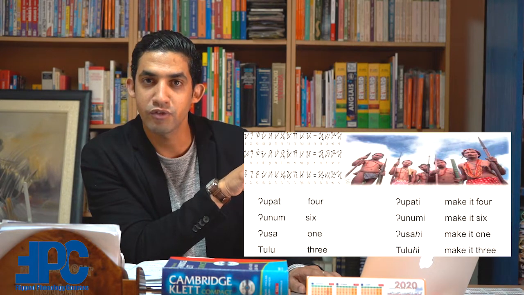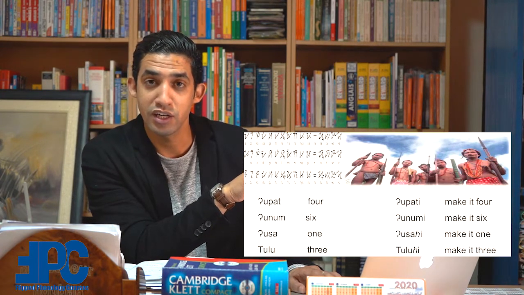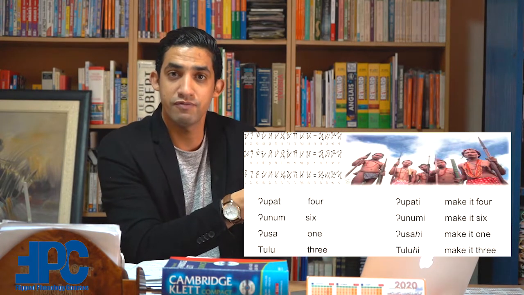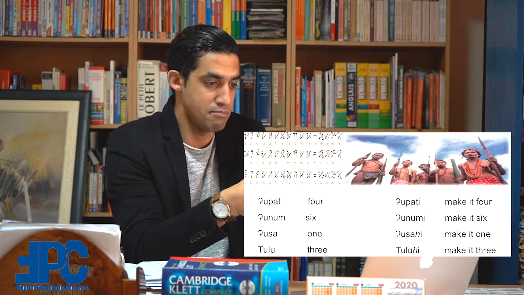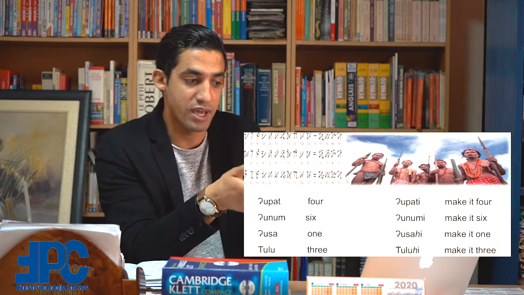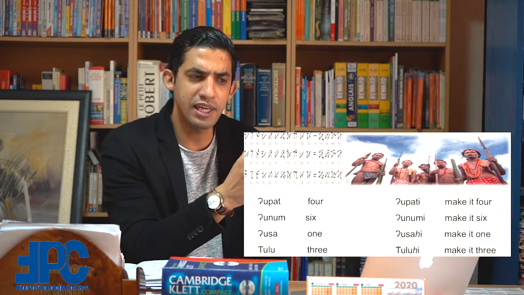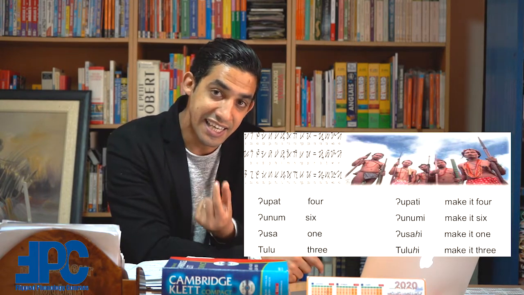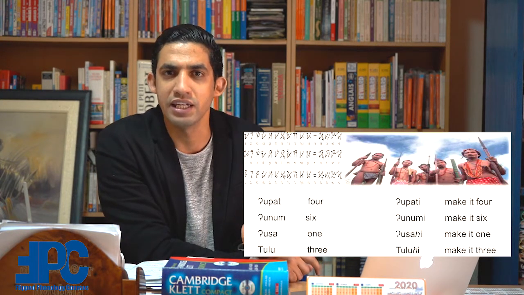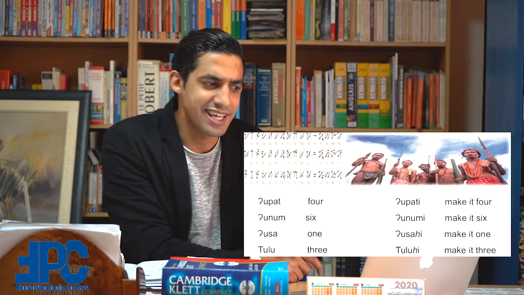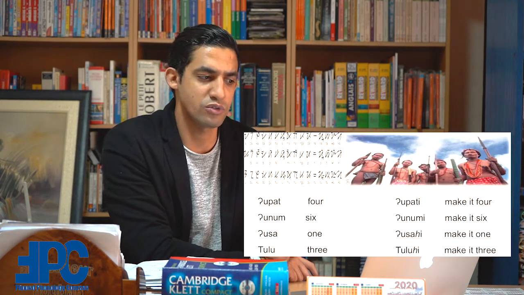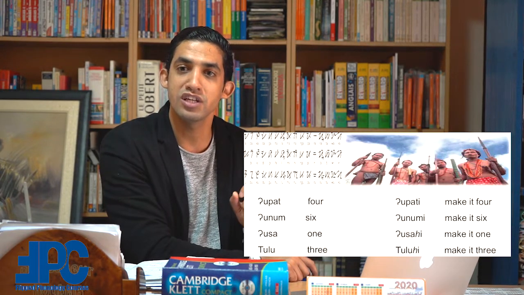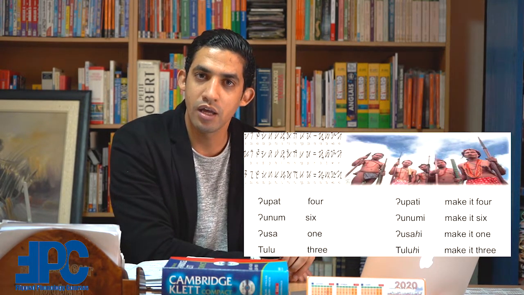You can understand from the data in front of you that in this language, if you want to make a word causative by saying make it 4 or make it 6 or make it 1, we simply add a suffix which is exactly one sound, which is exactly i. That's the normal case. But it's not exactly the case here in the data in front of you. What happens is that sometimes the h sound is inserted. Why?